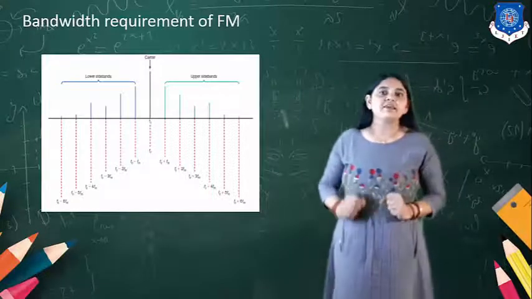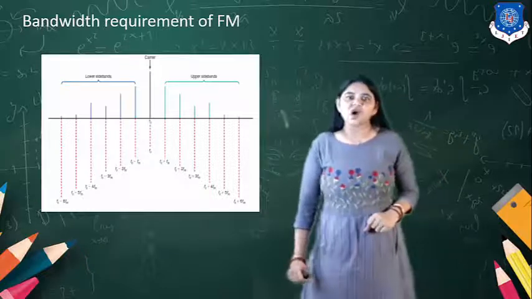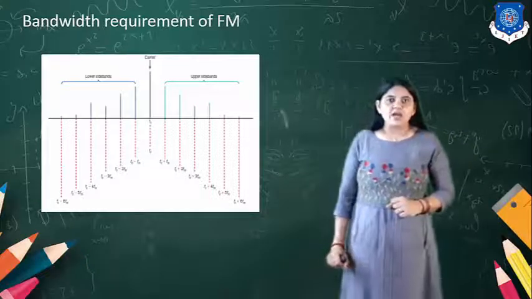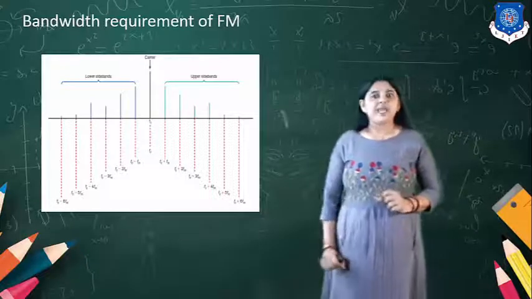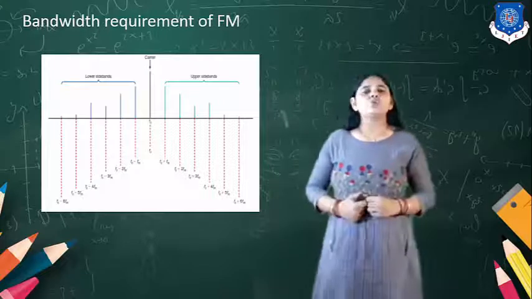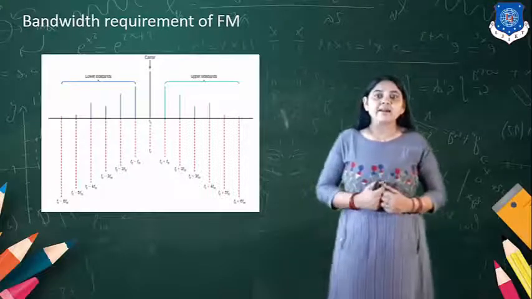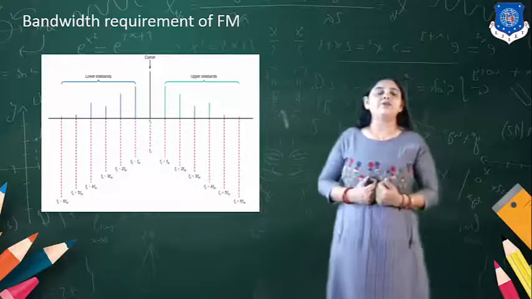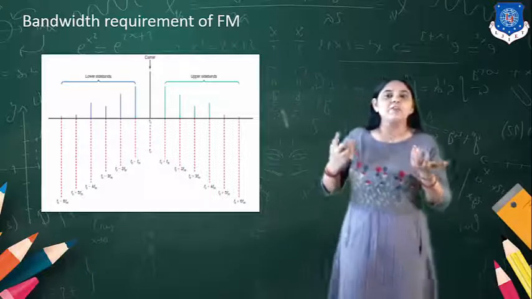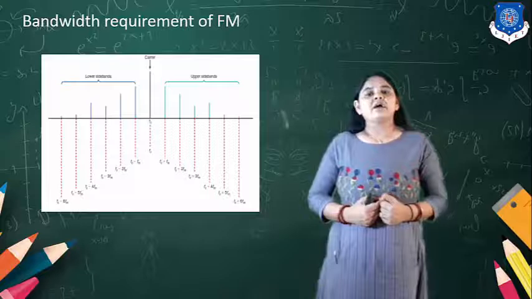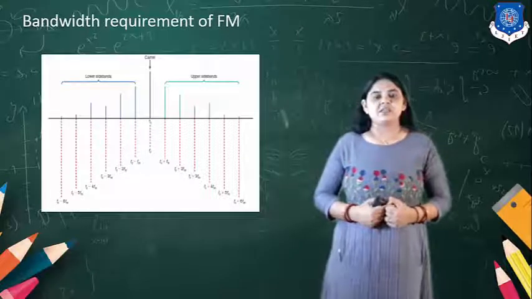You have seen the frequency spectrum of the AM wave also, where there are only two sidebands and one carrier, but the carrier requires the maximum power for transmitting the signal.